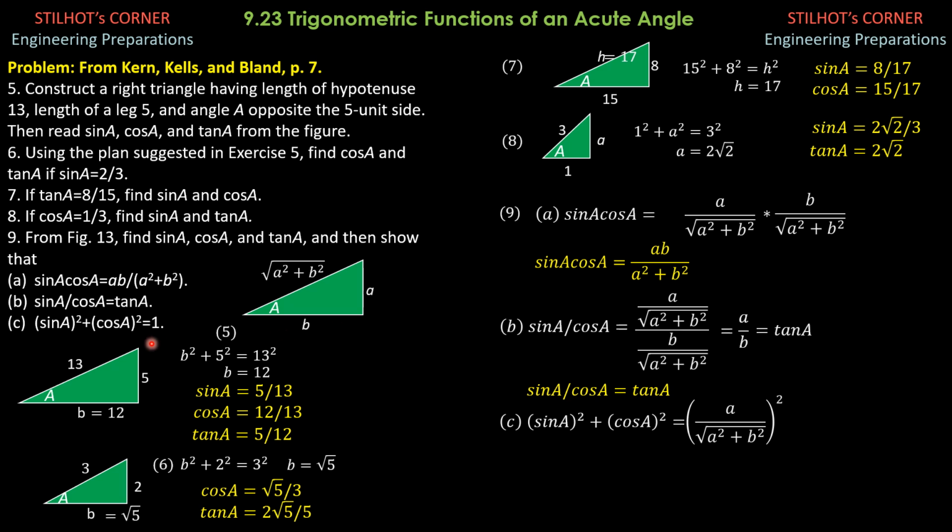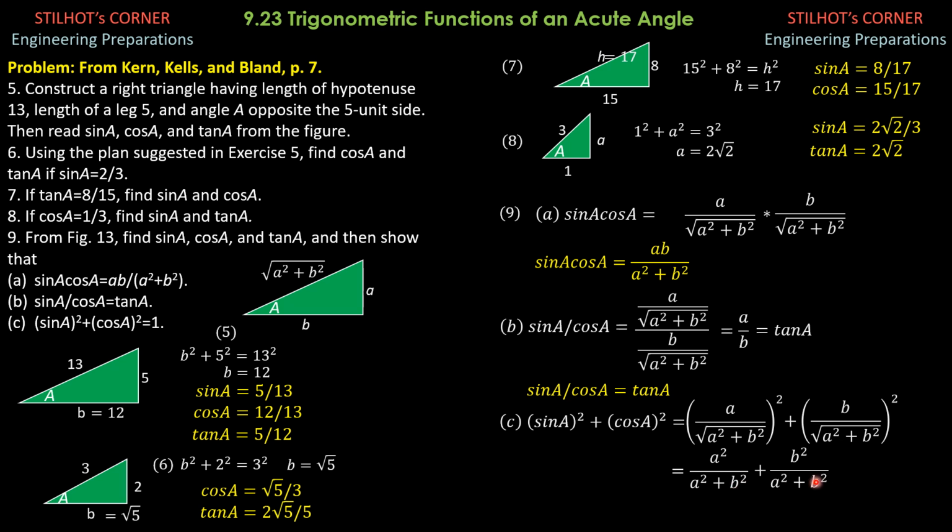Then cosine of A is adjacent B over hypotenuse square root of A square plus B square, quantity square. So simplifying, this is A square over A square plus B square, while this one is B square over A square plus B square.